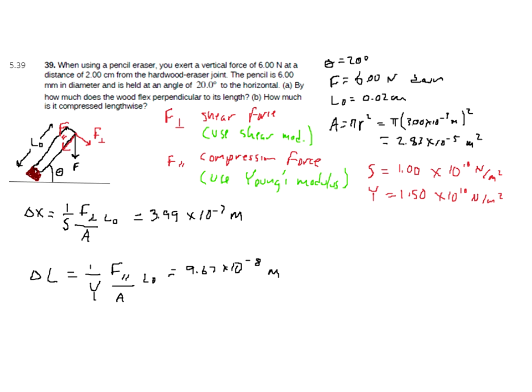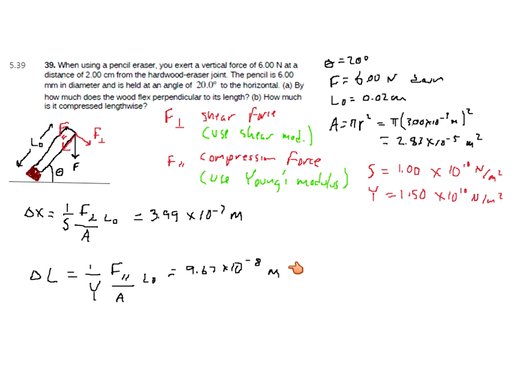Here's an example, just in everyday life, you're pushing down on your pencil to erase something. You're barely bending the pencil, and you're barely compressing the pencil, not even a measurable amount. If you say, I feel the pencil getting shorter, that's because the eraser is crumbling off.